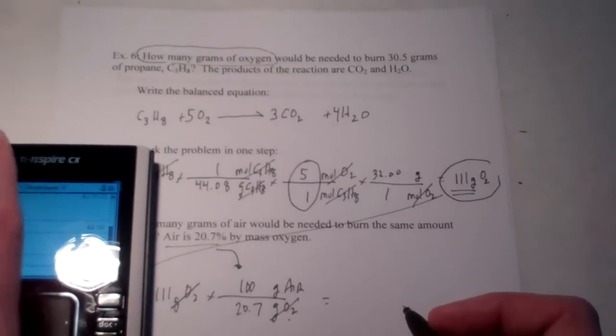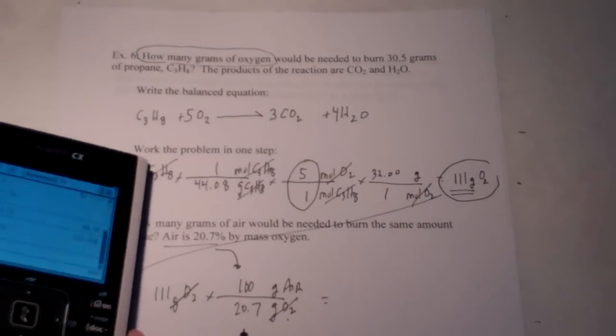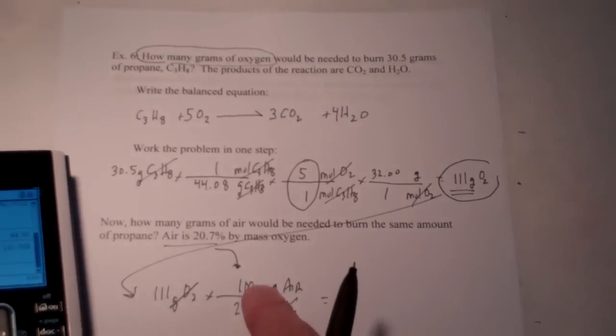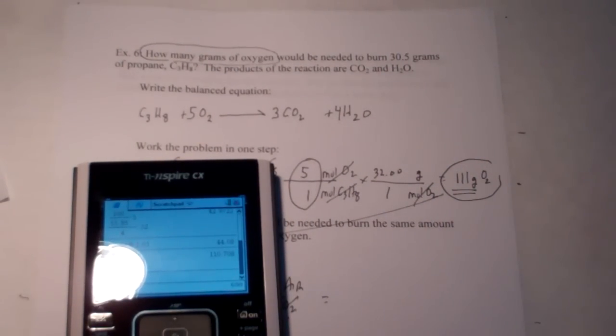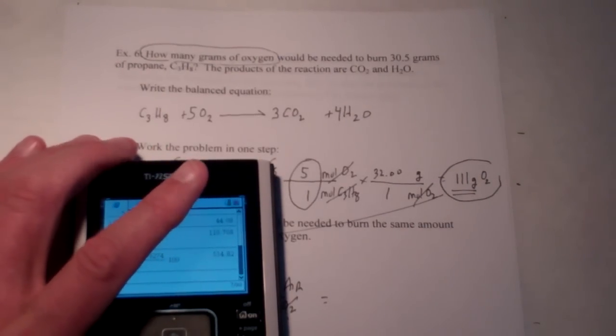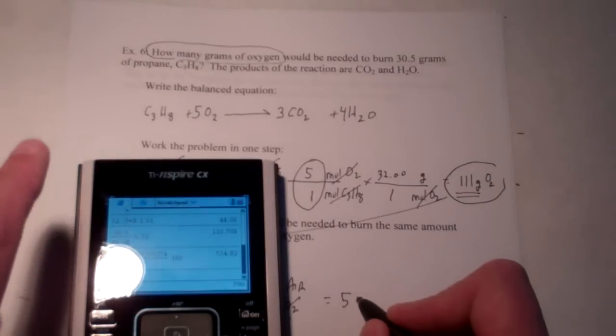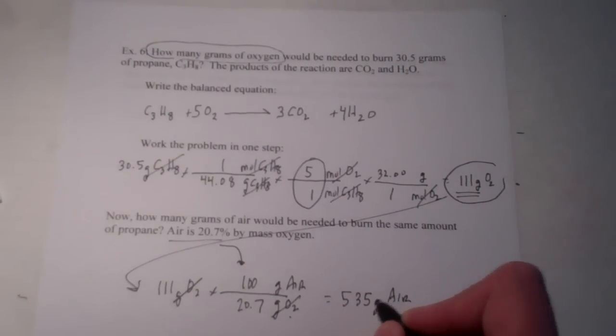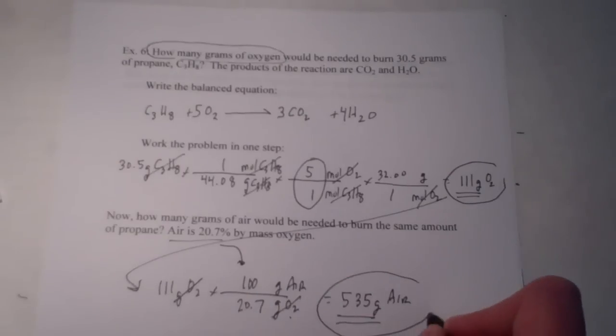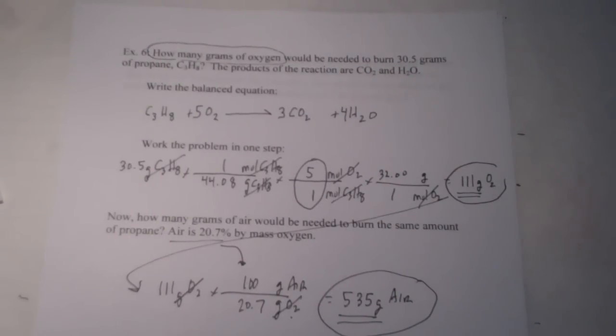So, we will take our answer from the previous problem and divide it by 20.7 and multiply by 100. So, divided by 20.7 times 100, and I get to 3 significant figures, 535 grams of air would be required to complete that reaction.